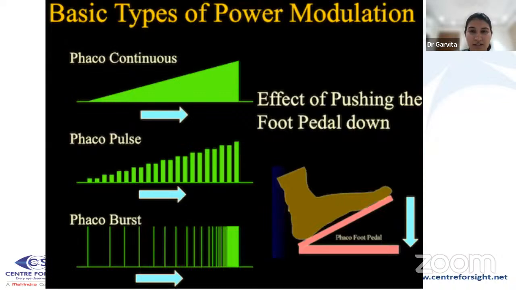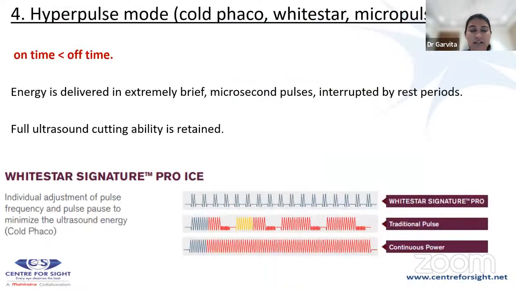This is just again for your revision, the phaco continuous mode, phaco pulse mode and phaco burst mode that we just discussed. There is another mode called a hyperpulse mode, also known as cold phaco, white star or micropulse. Here, on time is less than off time. Why?